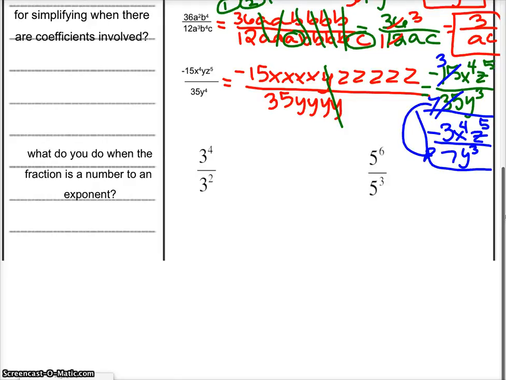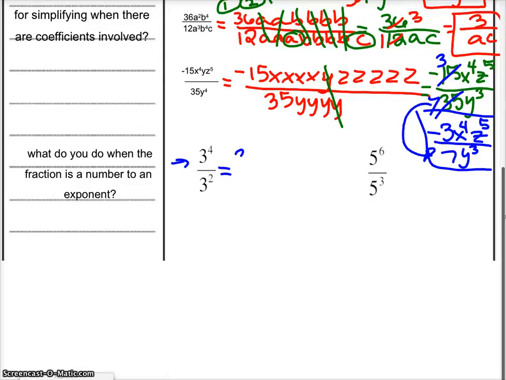Now this is where my 8th graders get stuck. They forget that they can apply the variable rules to numbers. And what kids usually do here is they figure out what 3 to the 4th is, figure out what 3 to the 2nd is, and then divide them. I wouldn't do that. There is a much easier way.